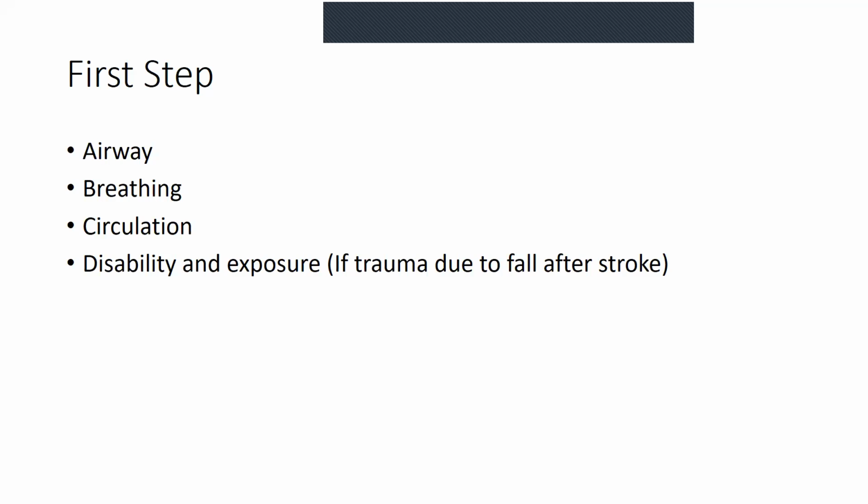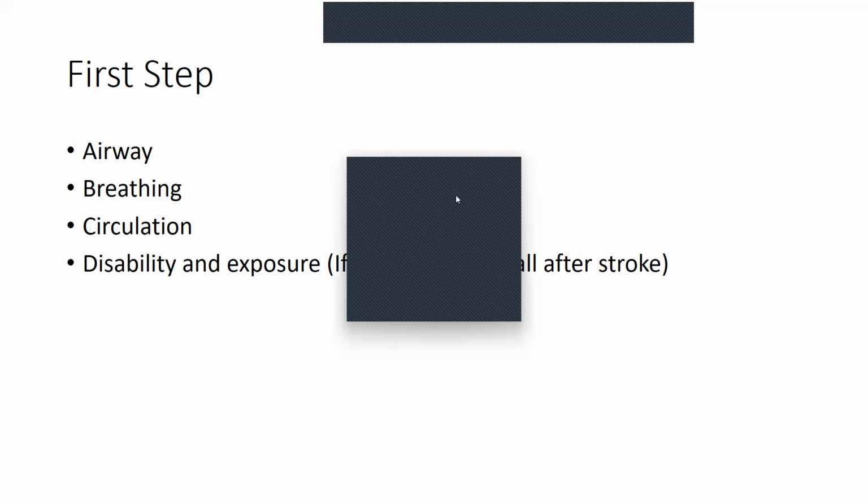That is, first of all, we should go for the airway of the patient, whether the airway of the patient is intact or not, and then we should look at breathing, circulation, disability, and exposure, by exposing the patient.